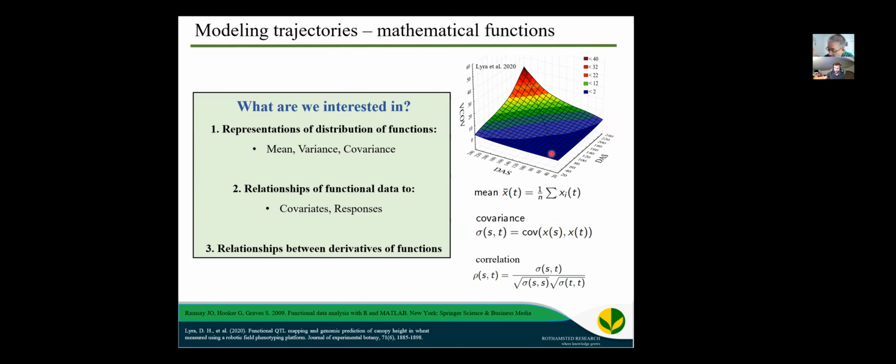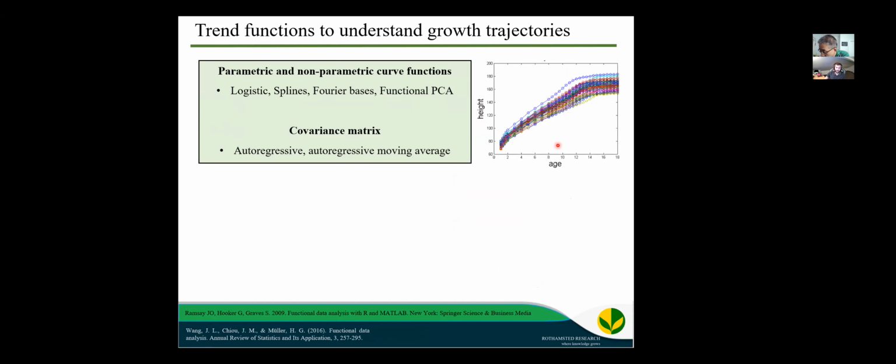As you can see, height is quite well known. As we increase, your variance and covariance increase throughout time, and the mean as well. And this is one approach. You model the function, and then you fit the function. Basically, it's around the same, but you fit these curve functions.